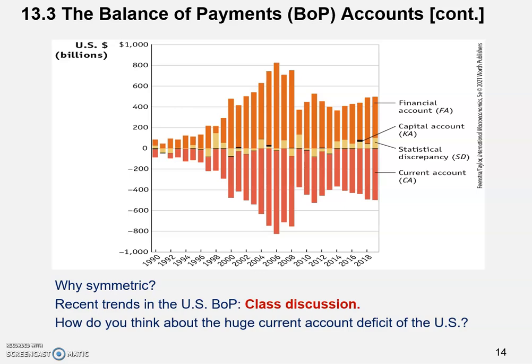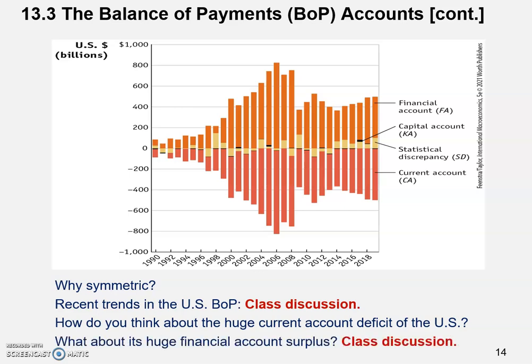Now, of course, we hear a lot of people out there worried about the current account deficit, the huge deficit the US has had over these years, right? But staring at this chart, you would find that at the same time, the US is running a huge financial account surplus.